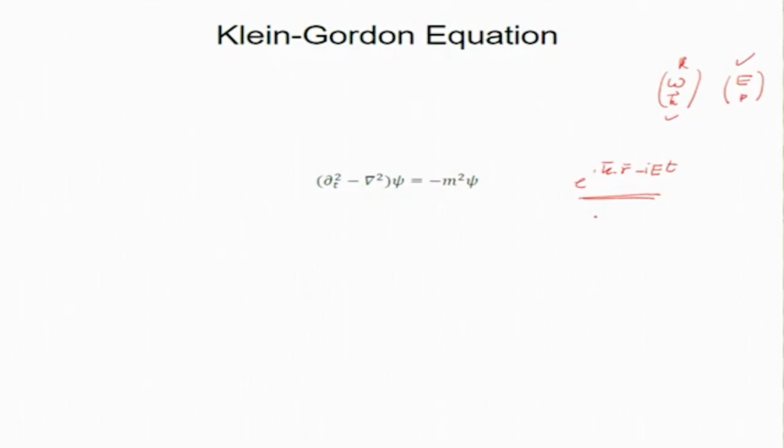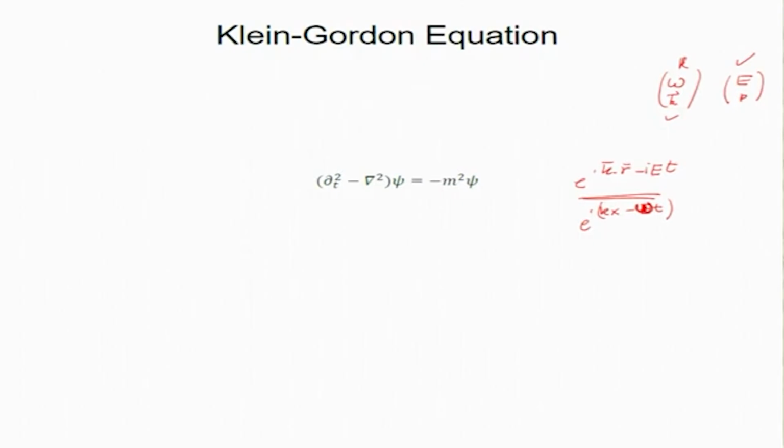In 1D this corresponds to e to the power i (kx minus omega t). Omega is always positive and it comes with a negative sign; we don't consider negative frequency.